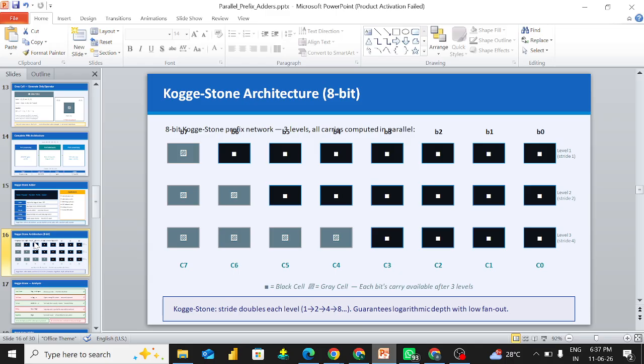Instead of calculating carries one by one, like in a ripple carry adder where the carry propagates from one adder to the next and the next, where the delay was more, we calculate many carries simultaneously using a tree structure. In the previous class I said that in a PPA we form a tree structure.